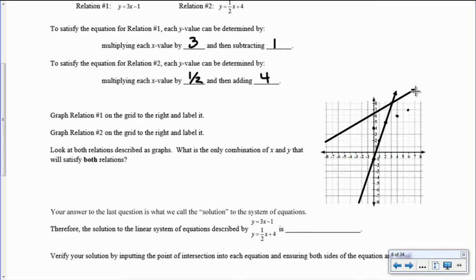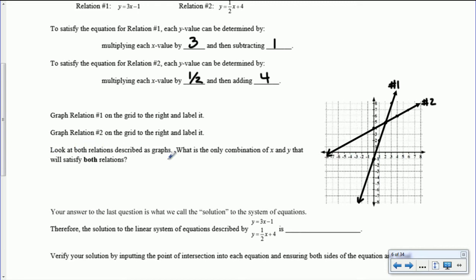Kind of trying to get it parallel. Alright, so there's relation number 2. Number 1 and number 2. Okay, so done.